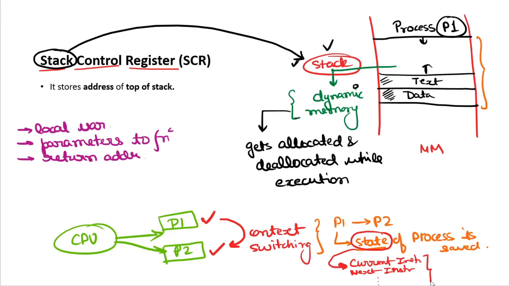But all these things are actually stored in registers, and registers are common to all the processes, because the CPU has a set of registers, and all those registers will be used for process P2 as well.